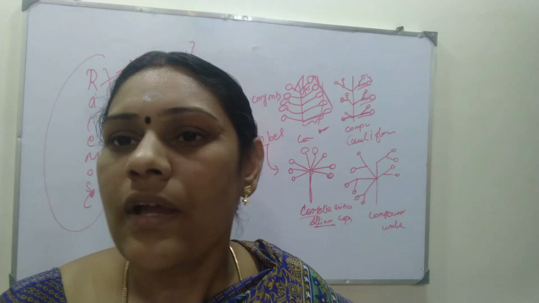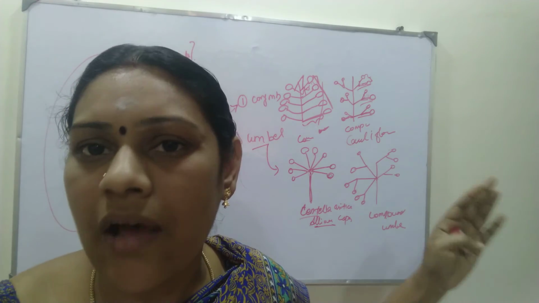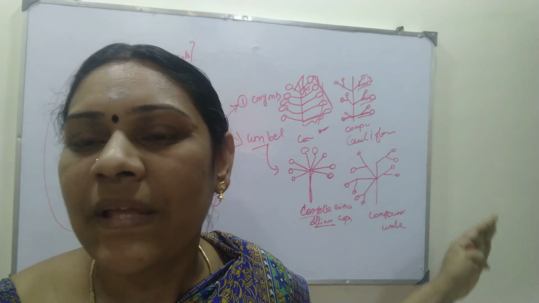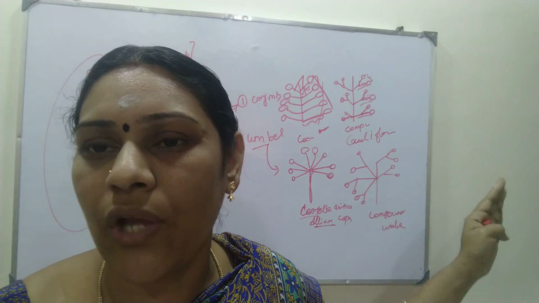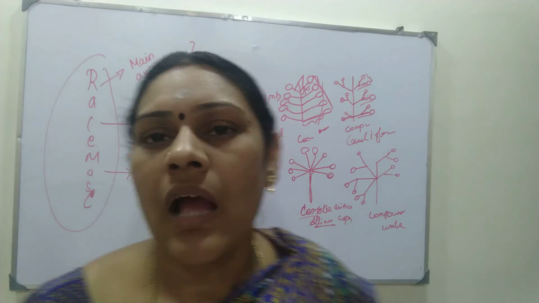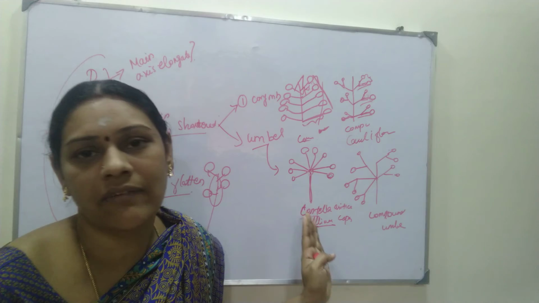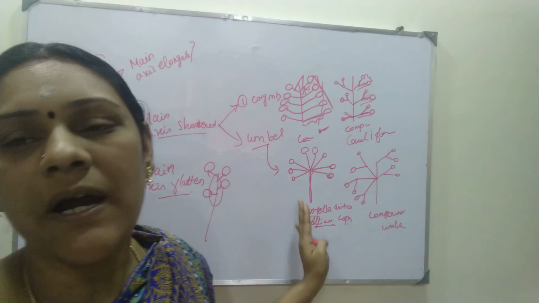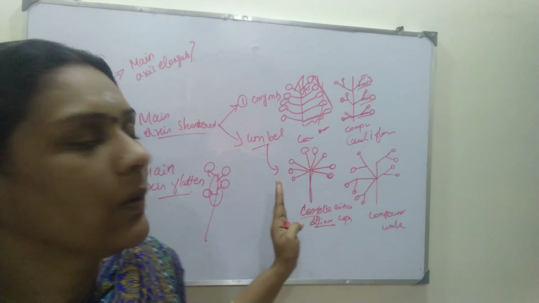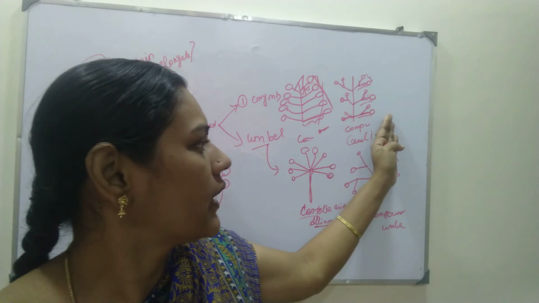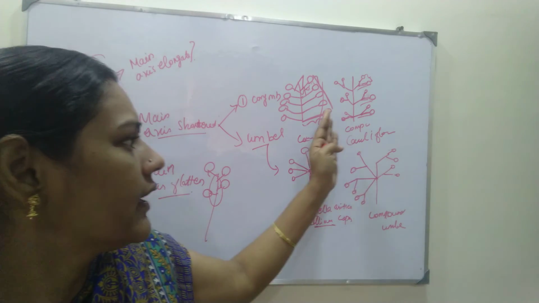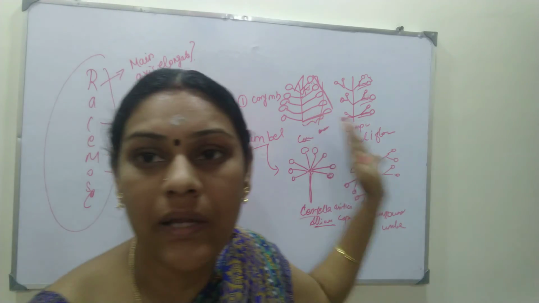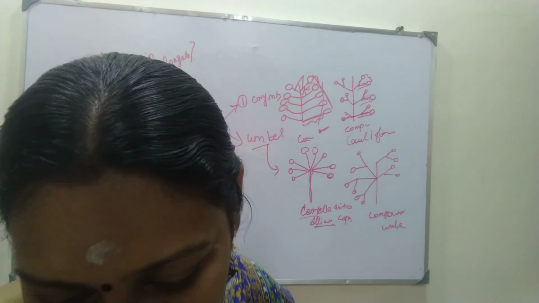So Coriandrum sativum and Daucus carota are examples of compound umbel. An umbel example is Allium sativum, Allium cepa and Centella asiatica. Okay, next is the compound corymb, example cauliflower. Corymb example is capucinus.